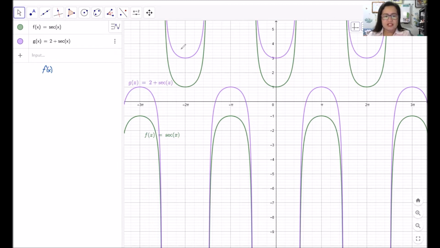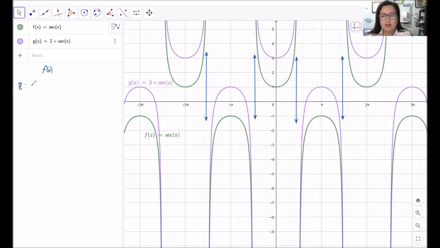The vertical asymptote is still unmoved. It's still halfway between negative pi and 2 pi. Here we still have midway of negative pi and 0. So the same here and here, and so on and so forth. That means for the domain, there is no significant change.